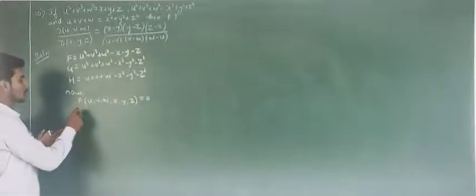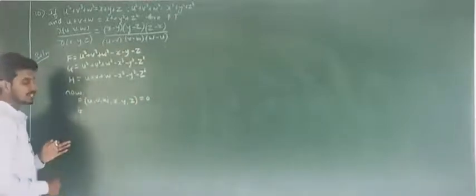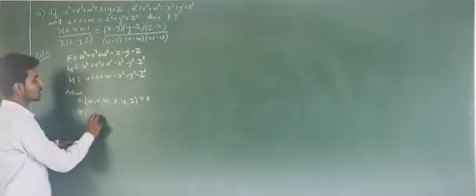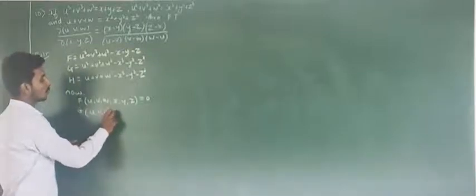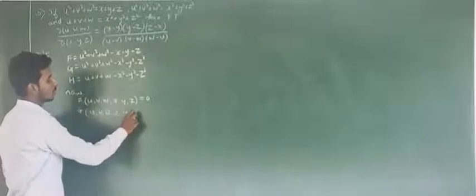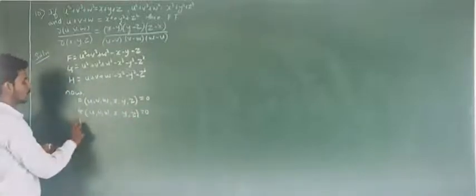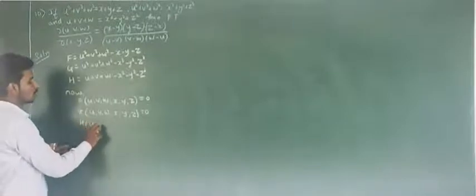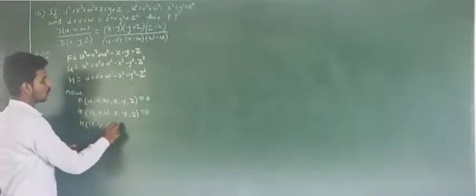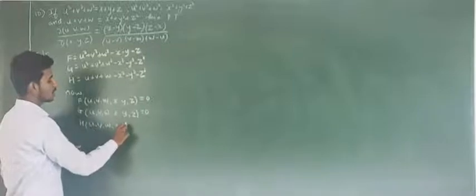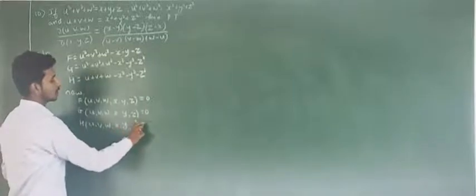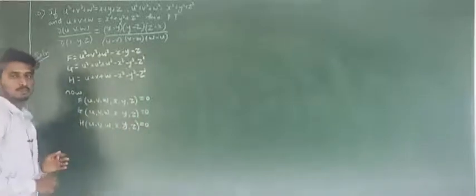Now the function g can be written as g of u, v, w, x, y, z equal to 0. Next the function h, that is h of u, v, w, x, y, z equal to 0.